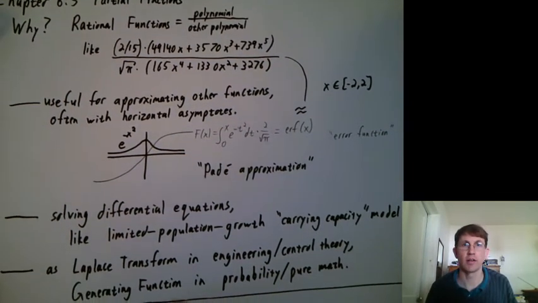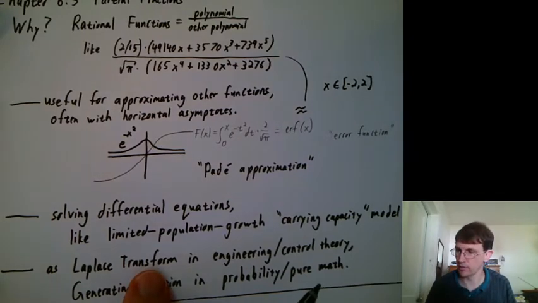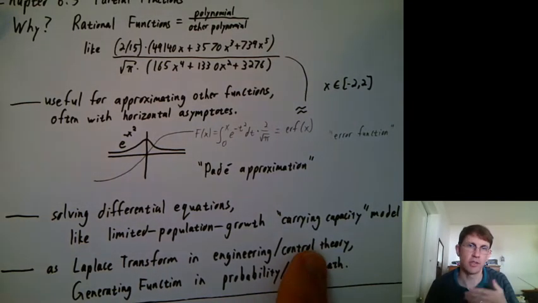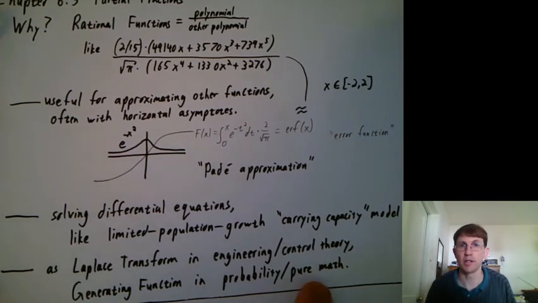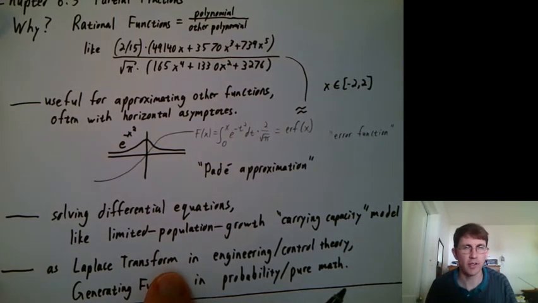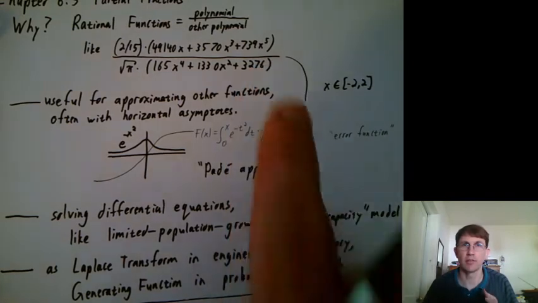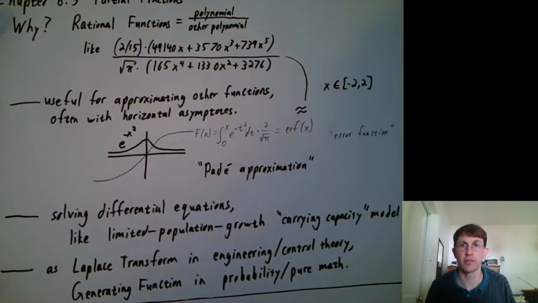Partial fractions are also useful for Laplace transforms in engineering and control theory, which is really differential equations. And in probability and in pure math, we do something called generating functions, which are very similar to Laplace transforms, but people hardly ever talk about it. And rational functions and partial fractions are also useful there.